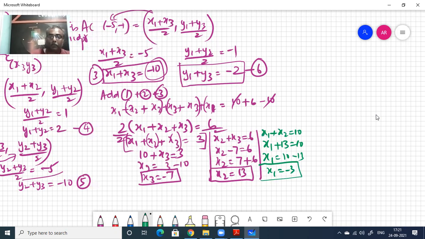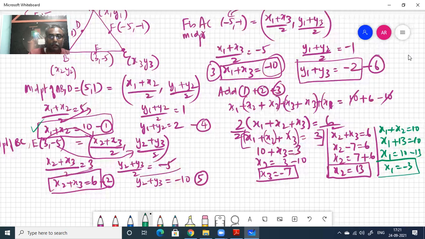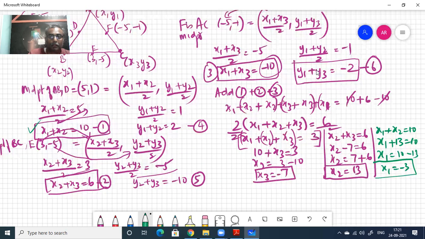Now you have to find y1, y2 and y3. In the same way you have to find y1, y2 and y3. Let us use equations 4, 5 and 6.